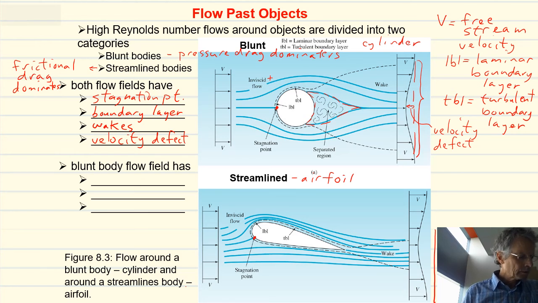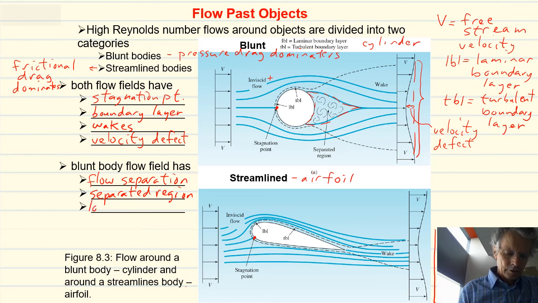The blunt body flow field has flow separation occurring, okay? We don't see flow separation on the airfoil, at least at the angle it's at here. We have a separated flow region. I'll just call that the separated region, like it's labeled in the figure.